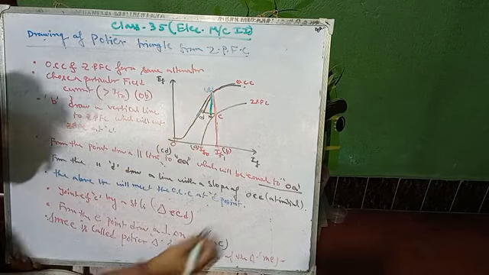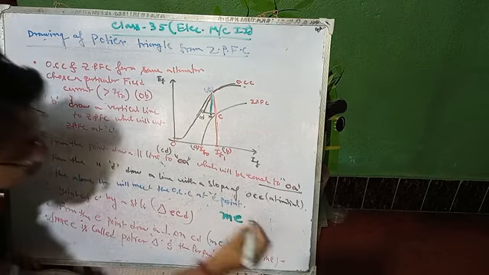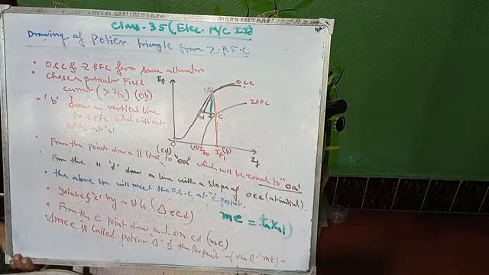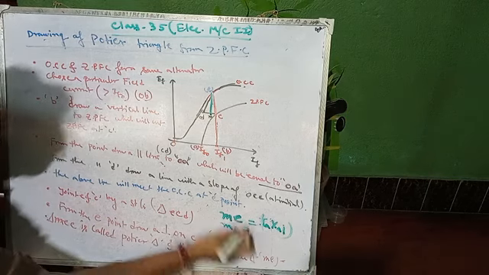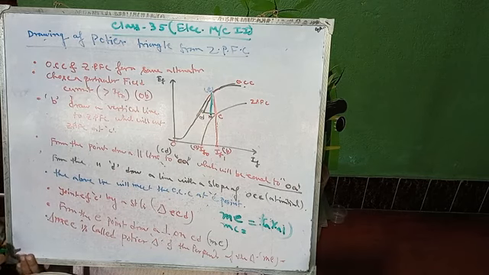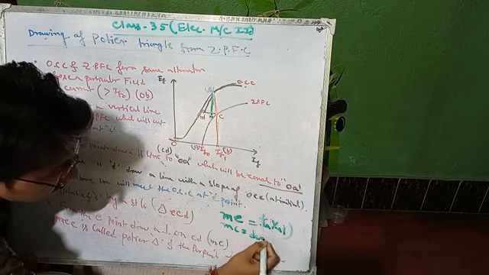Okay, ME is defined as the IAXAL, and MC, this length, is called the demagnetization armature MMF.